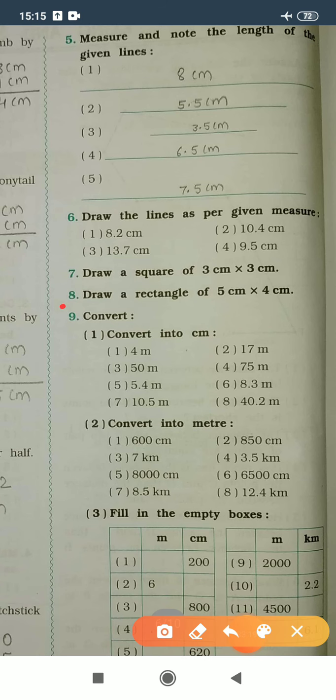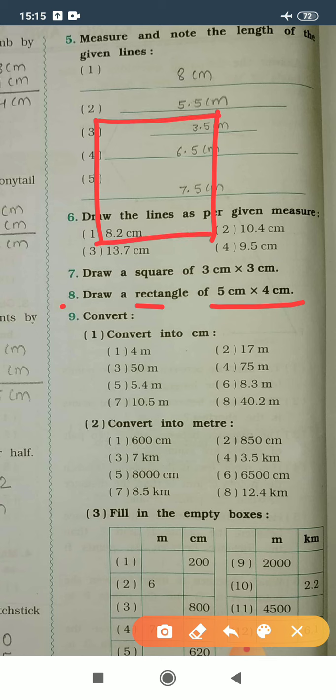Now question number 8. Draw a rectangle of 5 centimeters multiplied by 4 centimeters. Everyone knows what we mean by a rectangle? Two sides need to be the same and the other two sides need to be the same.